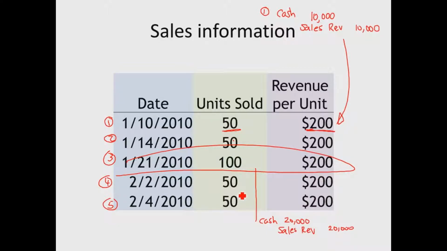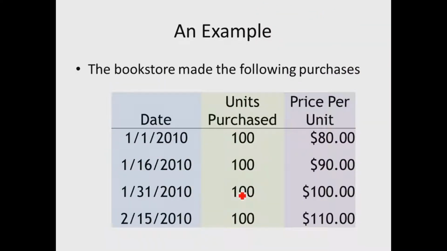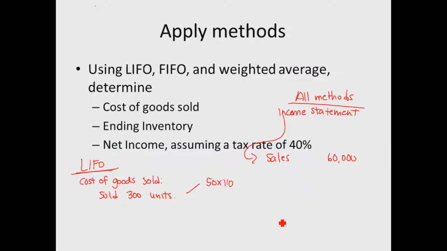I still have another 50 at 110. Remember, maybe this is a better slide for you to see, okay? So here, after the first purchase, I had 50 left. Now I have 0. Okay, so I sold another 50 that cost 110.